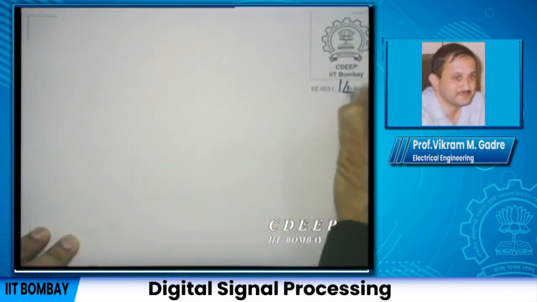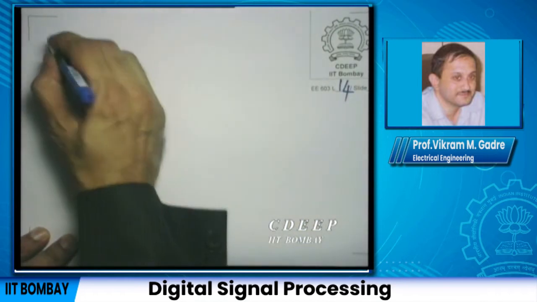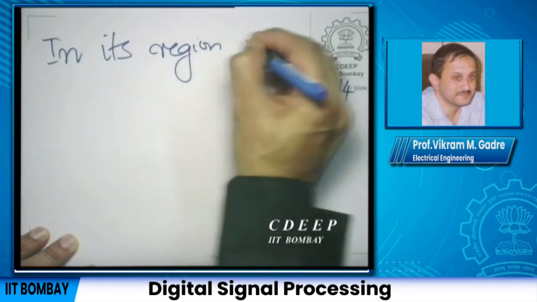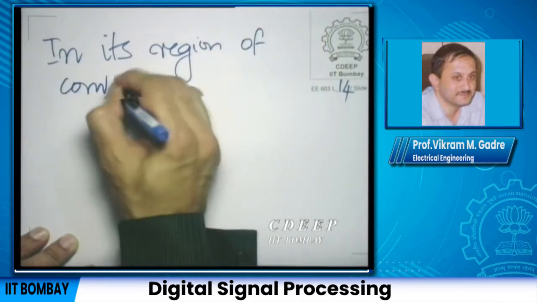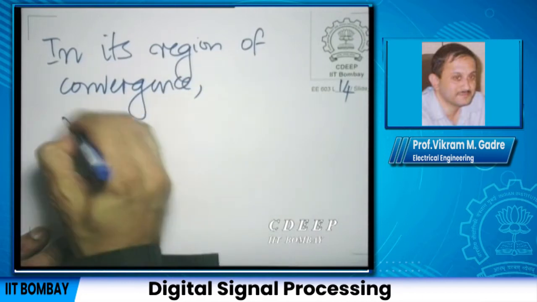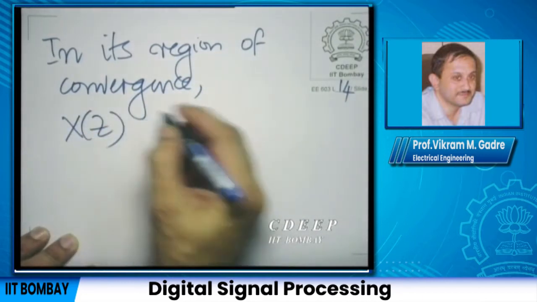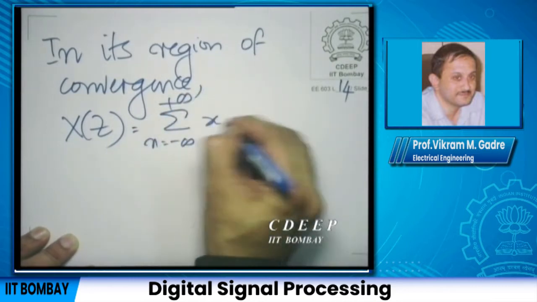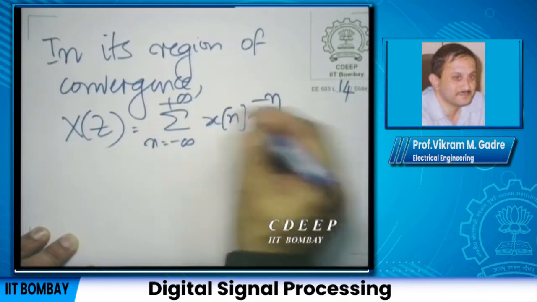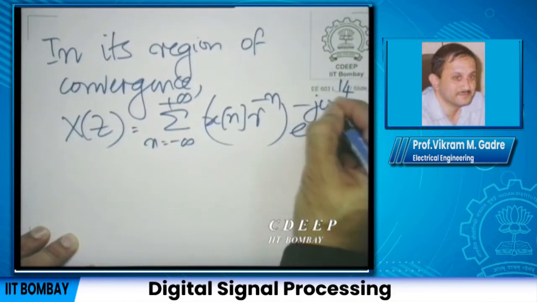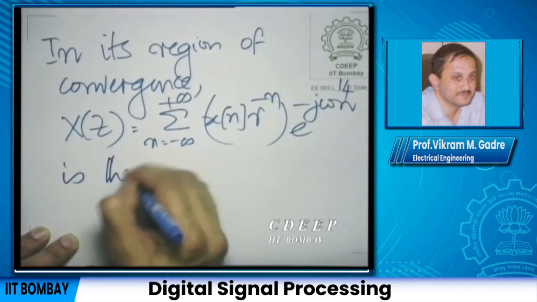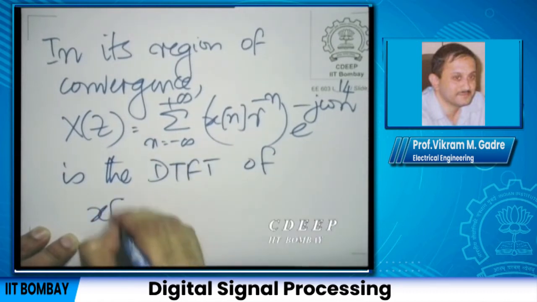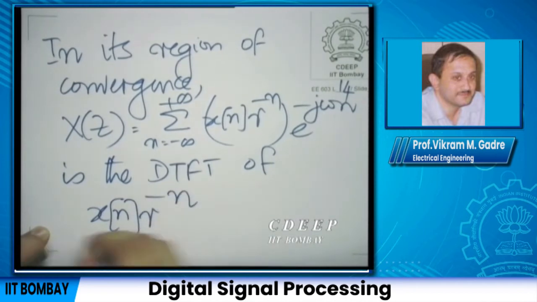If you look at it, in its region of convergence, X(z), which is the summation n going from minus to plus infinity of x[n] r raised to the power minus n times e raised to the power minus j omega n, is the DTFT of x[n] r raised to the power minus n.